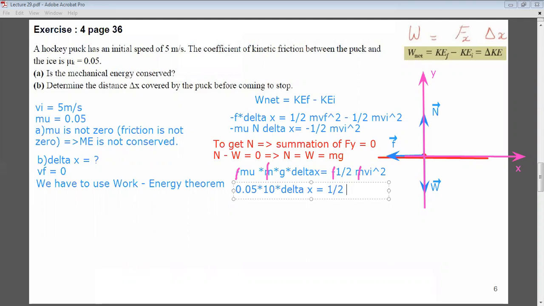V initial is 5 square. So if I solve this, I will get 0.5 delta X is equal to 25 over 2, which is 12.5. So I will get delta X is equal to 12.5 divided by 0.5. And this is nothing but 25.